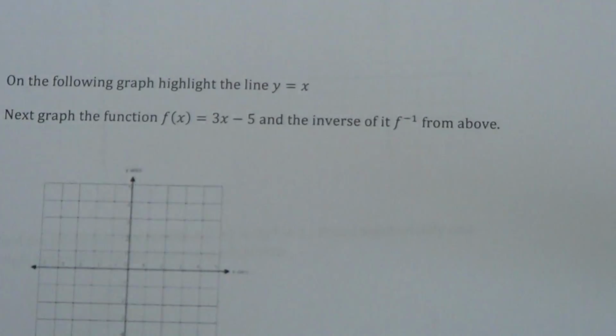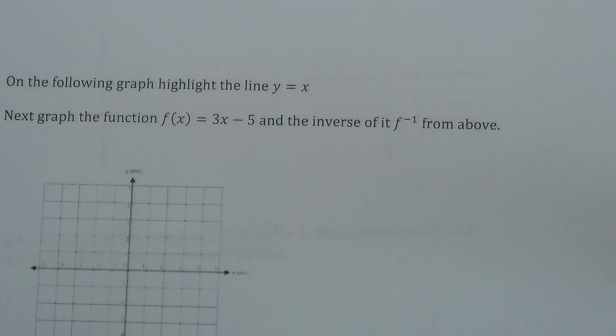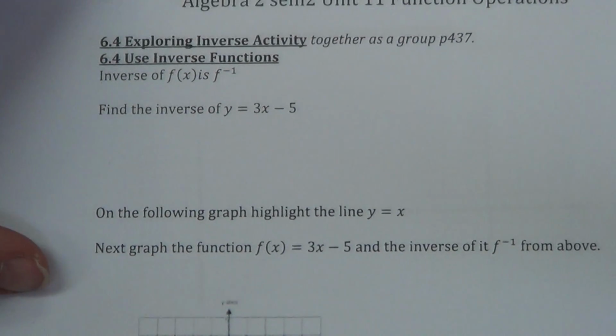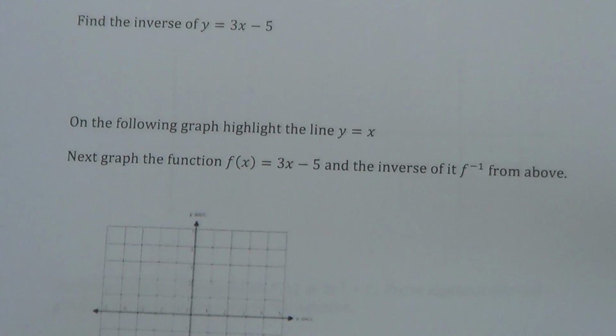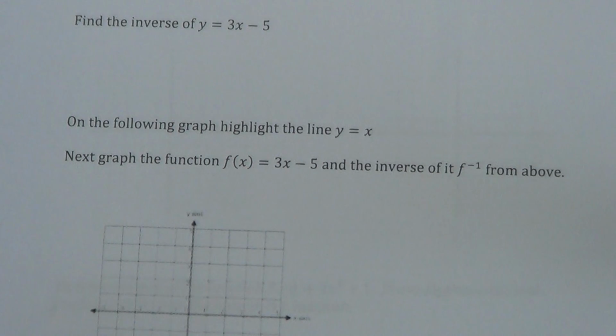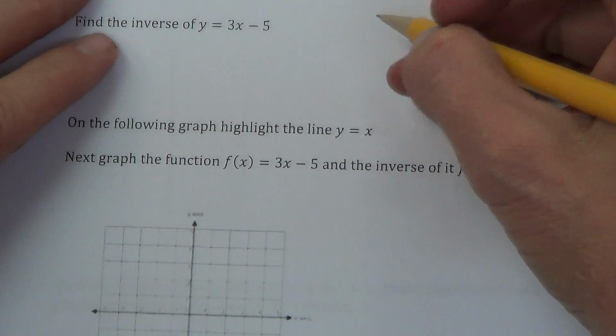We're giving you one function, and you're finding the inverse of it. So the inverse of f of x is f to the negative first, which is simply stated as the inverse function. Here it says, find the inverse function of 3x minus 5.